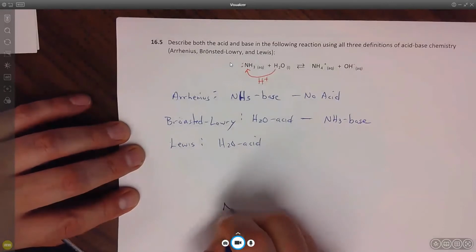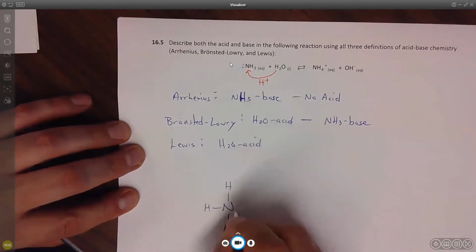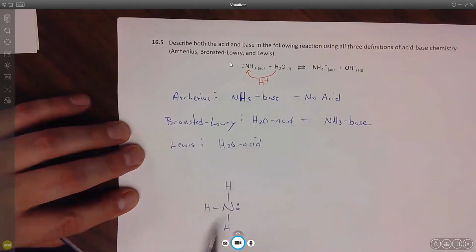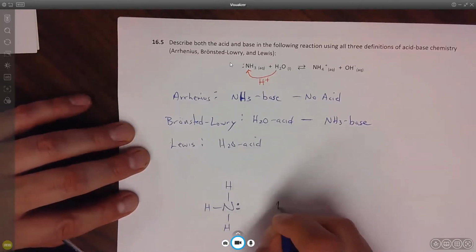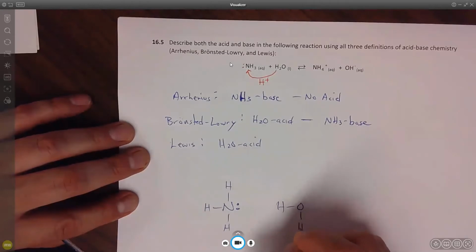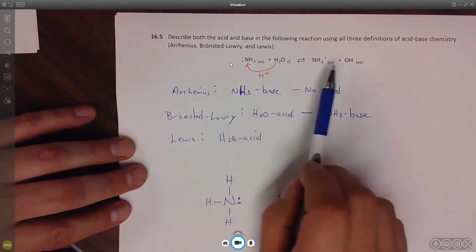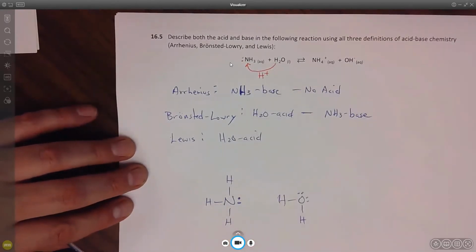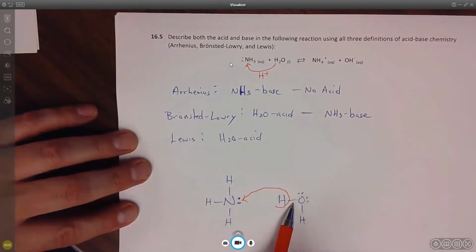Okay, in other words, let me just write it. Here we have NH3, and this is the most probable structure. All the formal charges are 0, okay? And we see that it has a lone pair. And then the water looks like this. Now it too has a lone pair, but we can see from the chemical reaction what happened. We can see that this hydrogen left behind the pair of electrons, right?